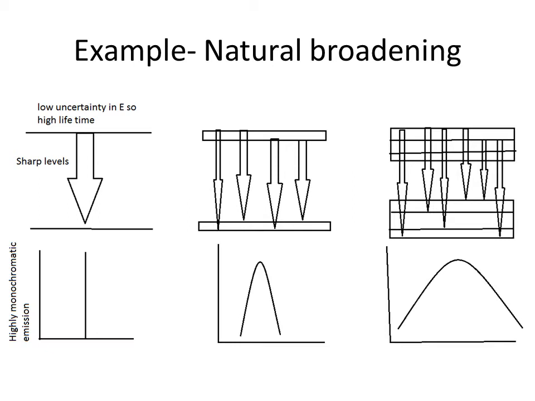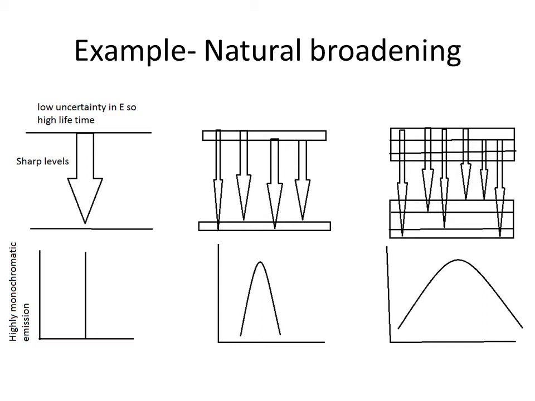So when we consider a de-excitation from the upper band to the lower band, I have drawn many arrows. All these will indicate possible transitions from upper sublevel to lower sublevel. For example, the first arrow is from the uppermost sublevel to the lowermost sublevel.